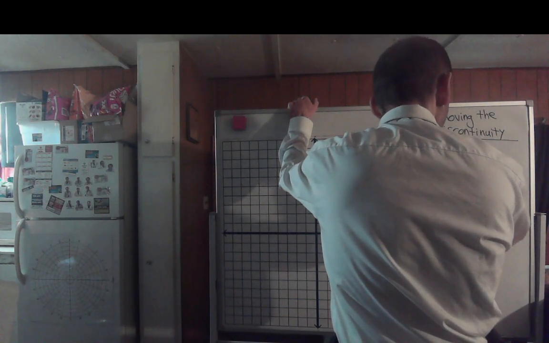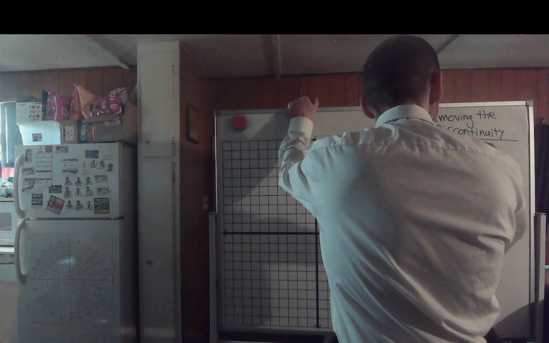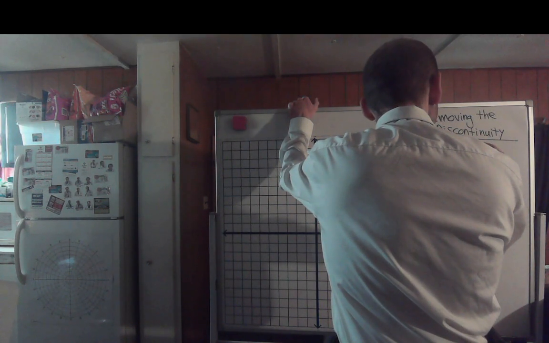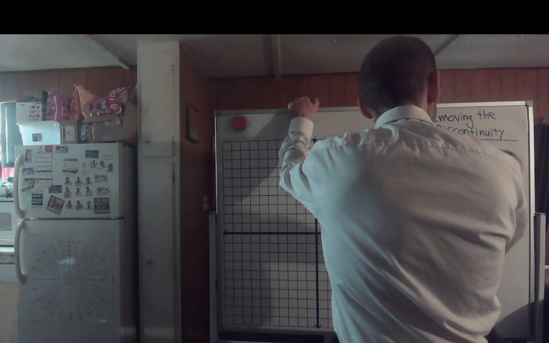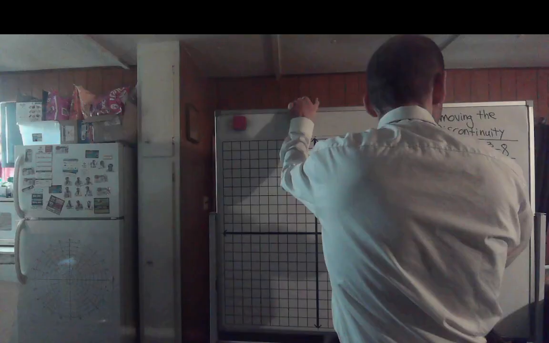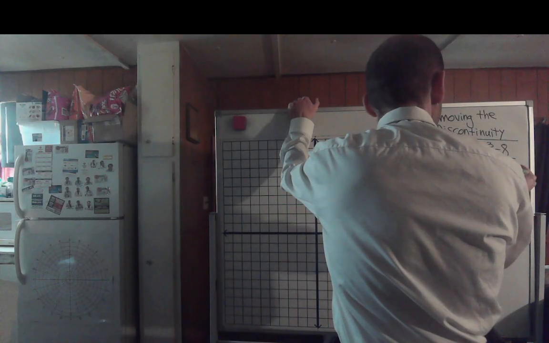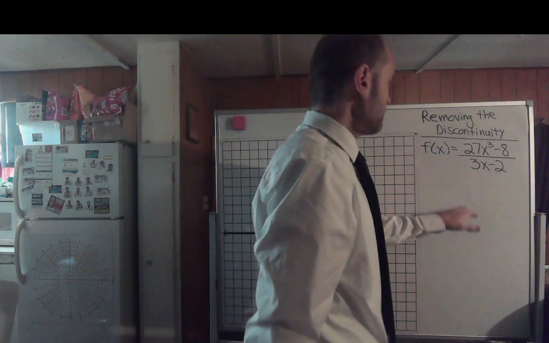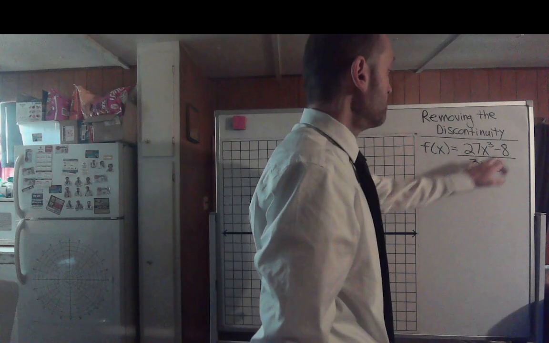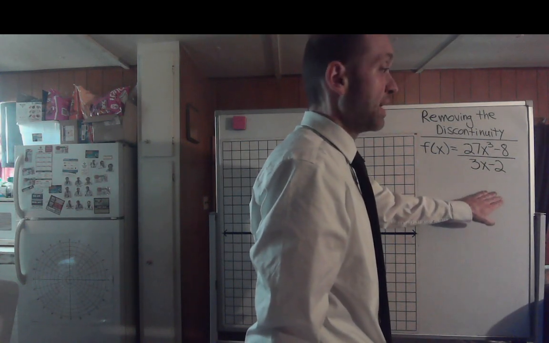We have f of x equals 27x cubed minus 8 all over 3x minus 2. So we have f of x equals 27x cubed minus 8 all over 3x minus 2.